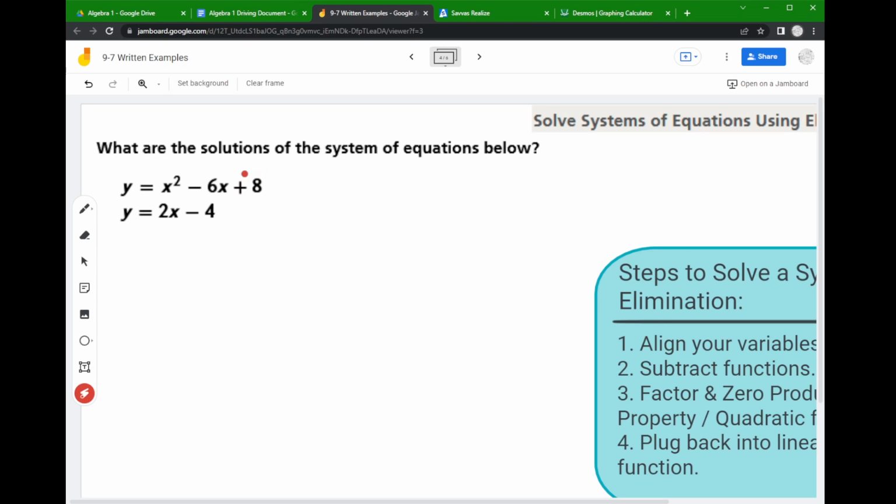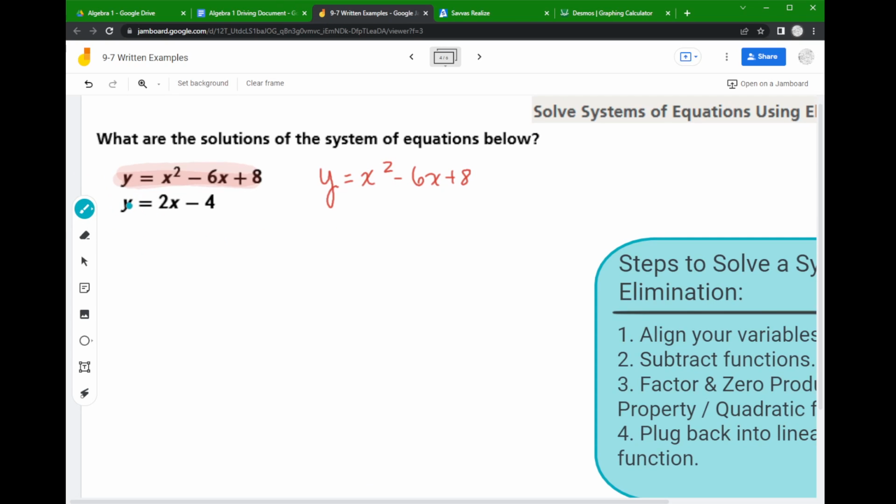Alright? So what I tend to do first, before I even start a problem, is I actually line up the 2 equations to where they are stacked neatly upon one another. Alright? I like the like terms lined up. And so this red equation I'm going to keep as it is. But when I go to write the blue equation underneath it, I'm going to make sure that that 2x and that 4 are underneath their buddies.